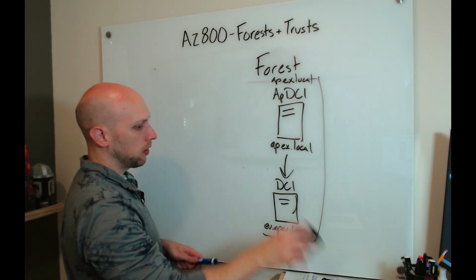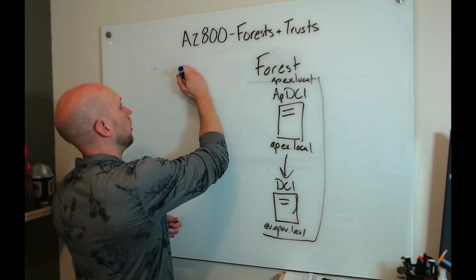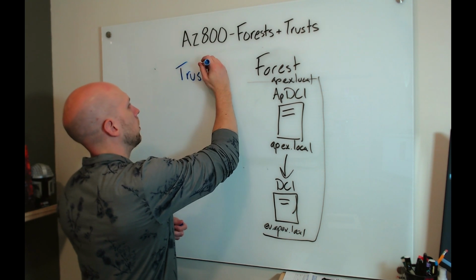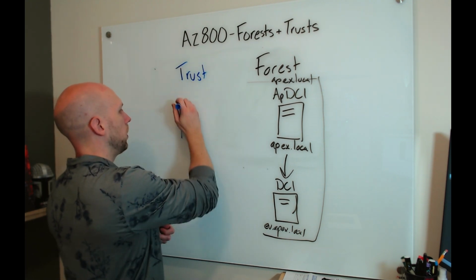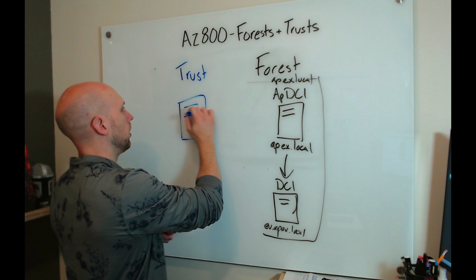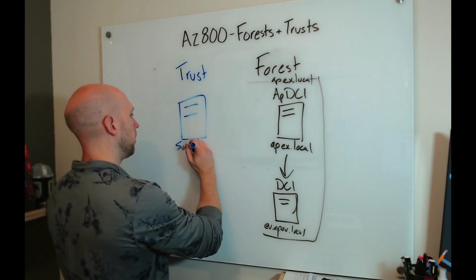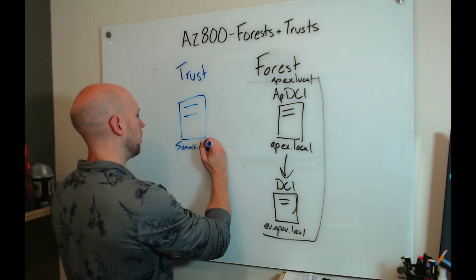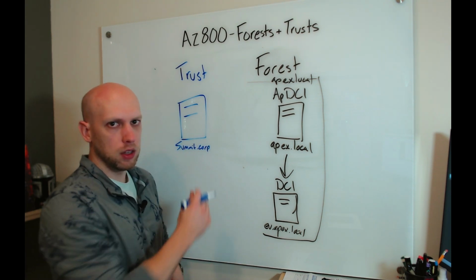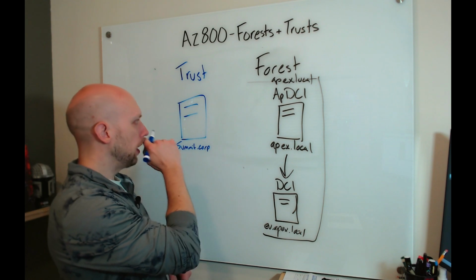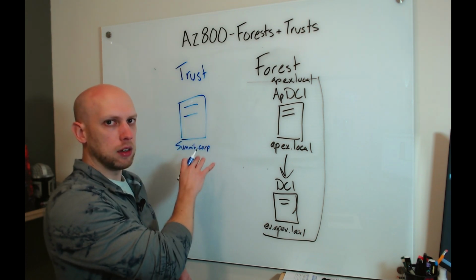What we're going to do next is configure a trust to the third server that we have set up in our lab. This server is for the summit.corp domain. This is the domain that I stood up in the lab, and this is going to act as basically a second company.